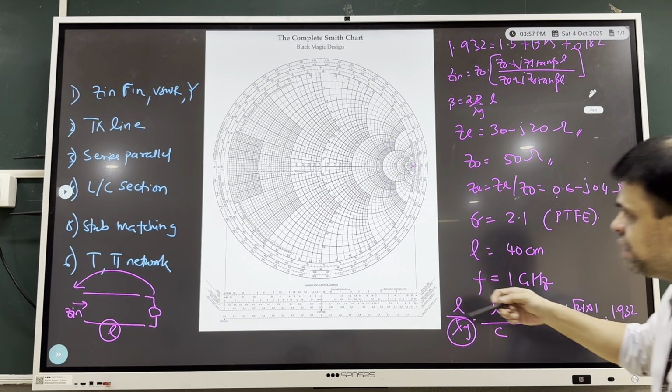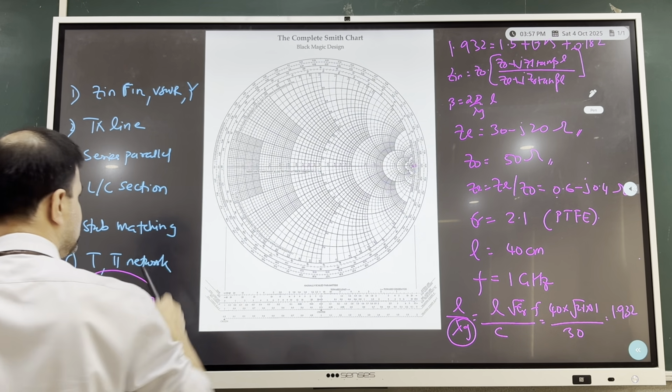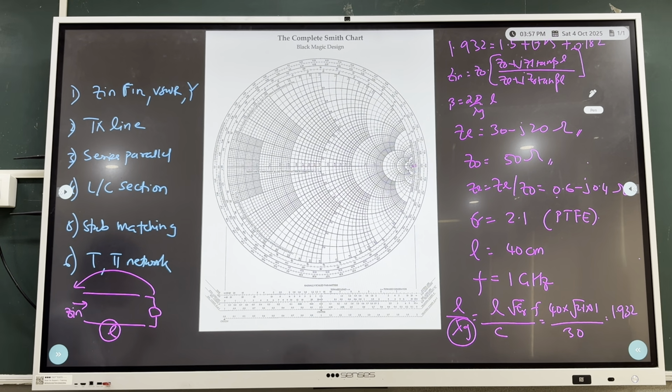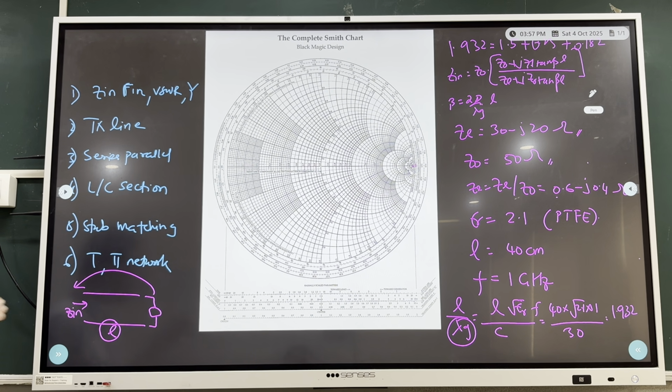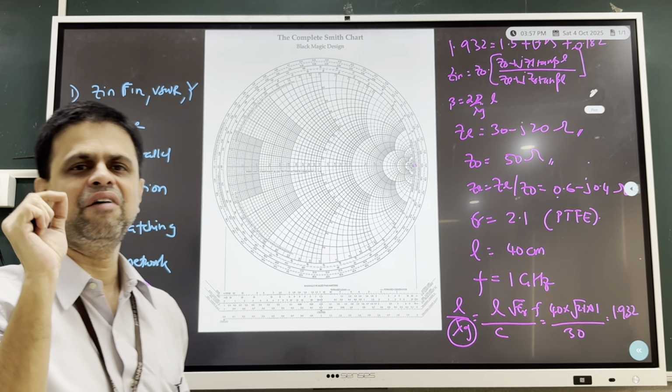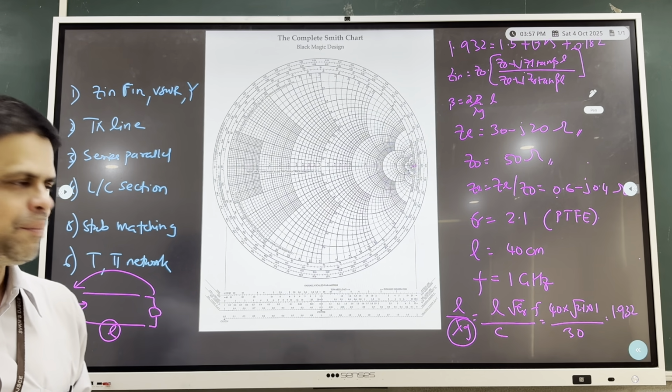Because as we know, this is the open circuit point, and this is the short circuit point on the Z Smith chart. When you go from open to short or vice versa, you travel a distance of quarter wavelength. And when you complete one rotation in the Smith chart, you travel a half wavelength, that is 0.5 λ.